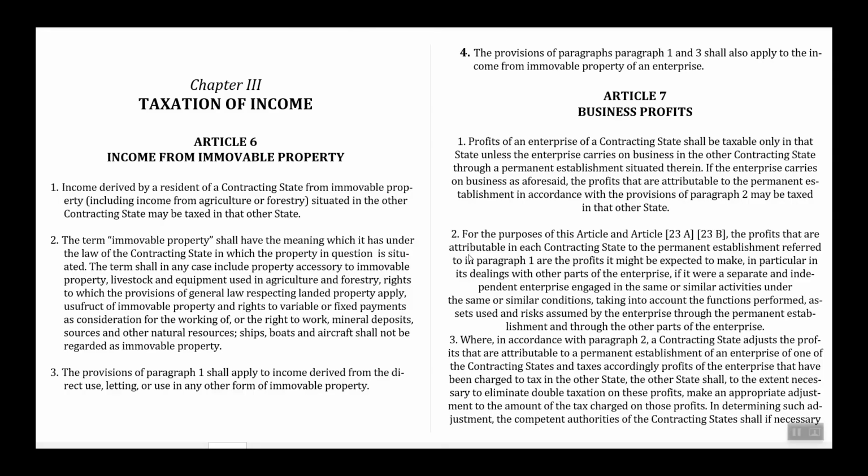So let's try to read Article 6. Income derived by a resident of a contracting state. So income which is received by a German from immovable property situated in the other state, and now the other state should be Norway, but this is a house at Kleve, so that doesn't fit. So Article 6 is not our constellation, it's not our case.